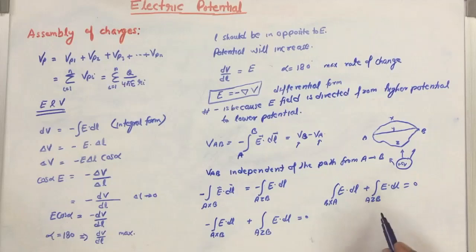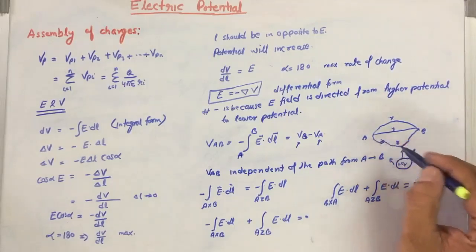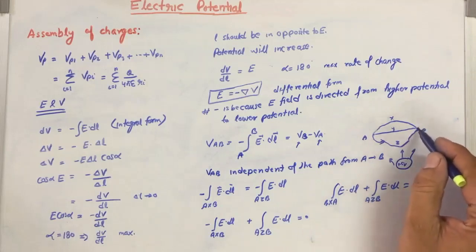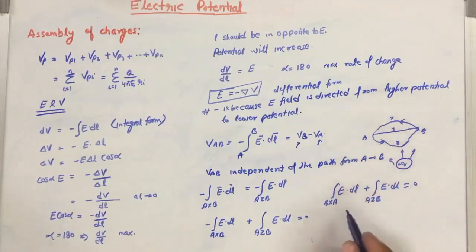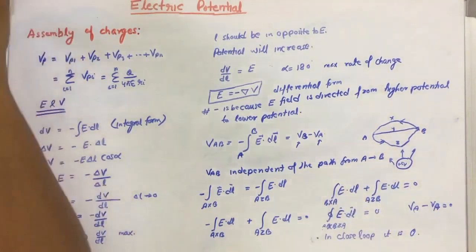What can we observe there? AZB and here BXA.